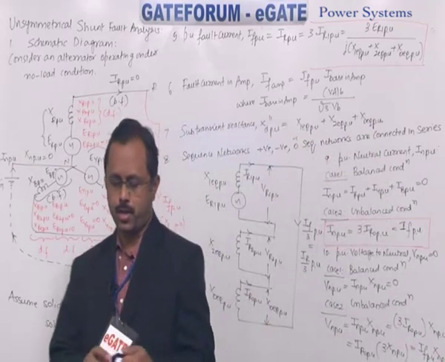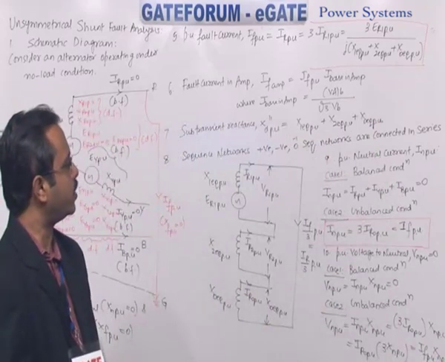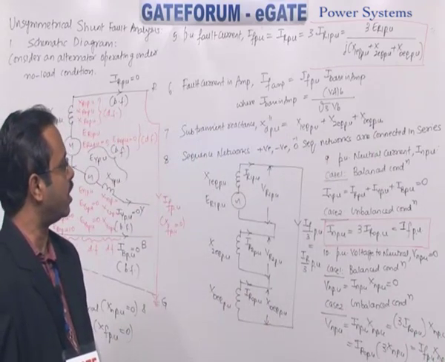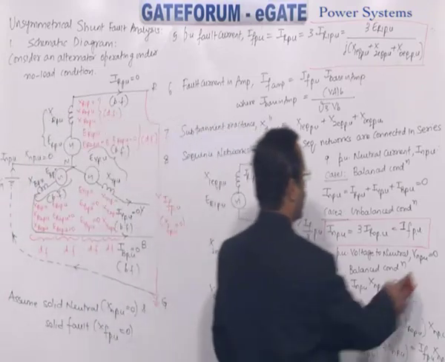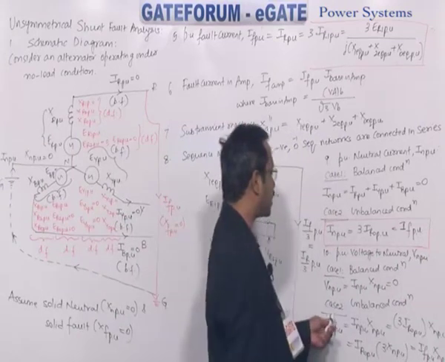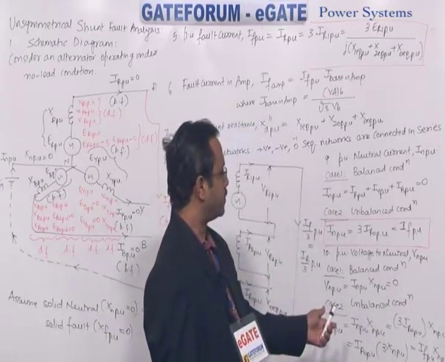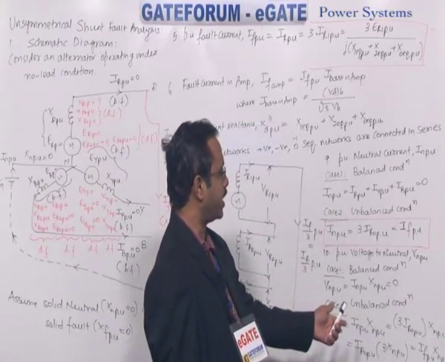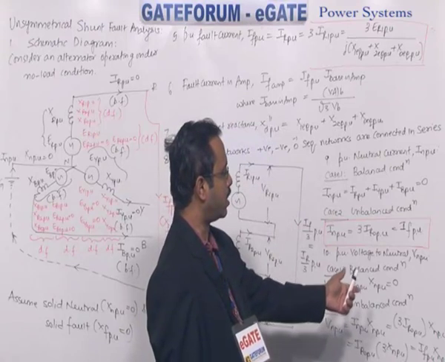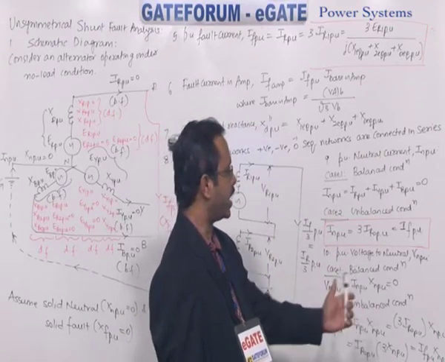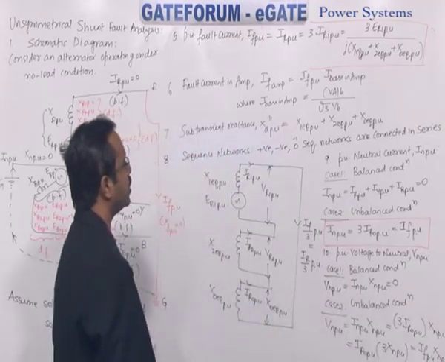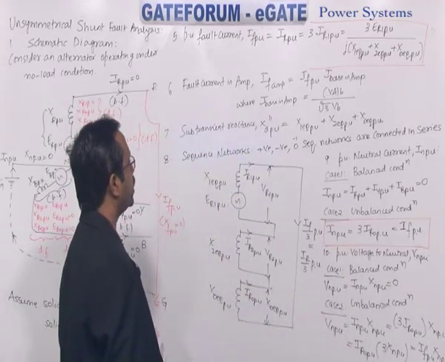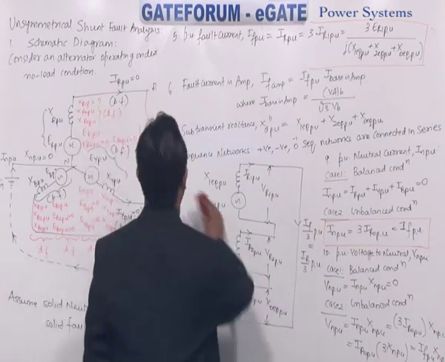This is how you find the per unit voltage to neutral, which is 0 for balanced conditions and for unbalanced conditions it is IR0 into 3Xn, or 3 IR0 into Xn, or IF into Xn. So this is regarding the per unit voltage to neutral.